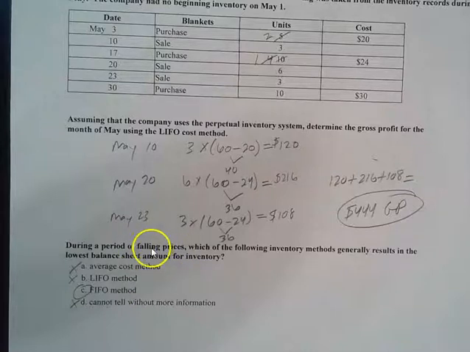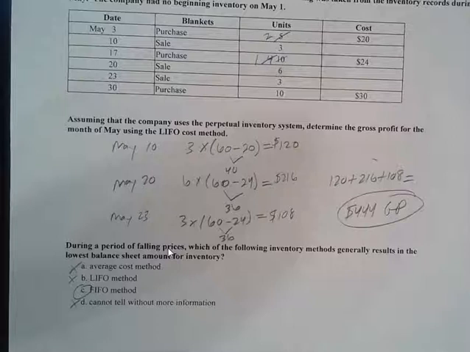So, period of falling prices. Remember, under the FIFO method, we're going to be costing that older inventory. And in this case, the older inventory is the more expensive inventory. So the stuff left over on the balance sheet for inventory is going to be this inventory that we've purchased at a lower price, falling prices. So that's what's left on the balance sheet.